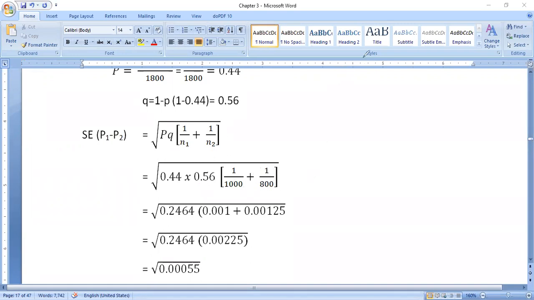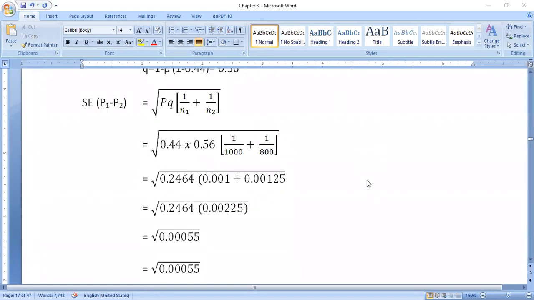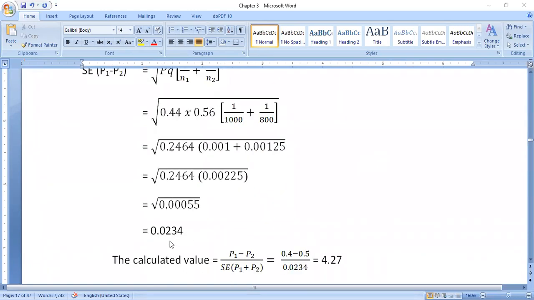After solving these values, we got the final value 0.0234. This value is called the standard error of P1 minus P2, that is 0.0234.